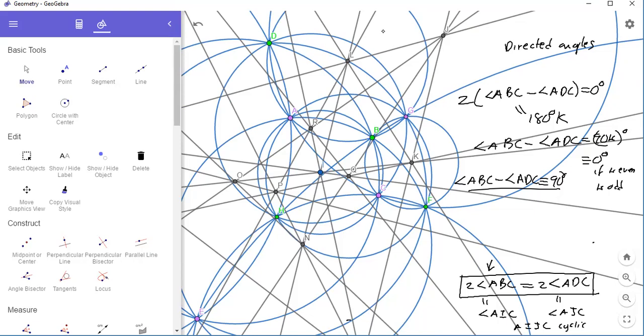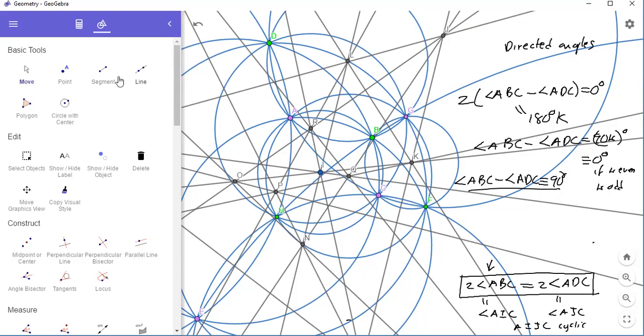So you could go with AB, AH, or CB and CH. So we have exactly 4 of them, and they all pass through I. So it makes perfect sense. In fact, every center must have at least 4 of those lines. And if it has 4 of those lines, we can also argue that it's the center of some circle. So with this, we definitely have all the centers we need. We'll talk about these lines a bit more later on.